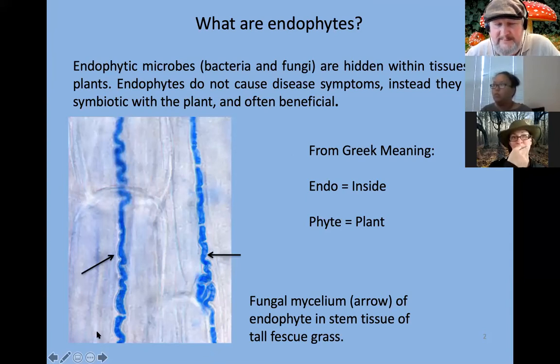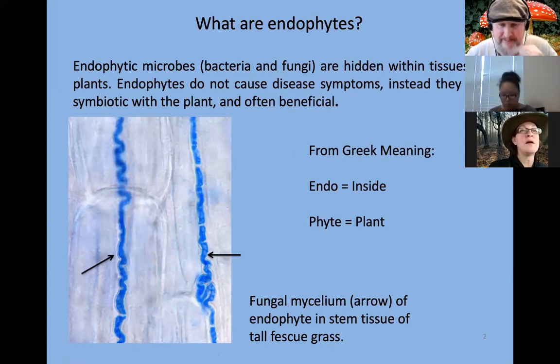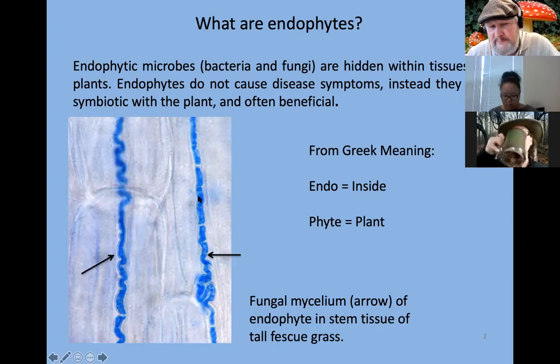This is a picture of a fungal endophyte in a grass. You may be familiar with these endophytes of forage grasses and turf grasses. Here you can see them stained blue, with little wavy lines, and the arrows are indicating those, and you can see the plant cells in the background.